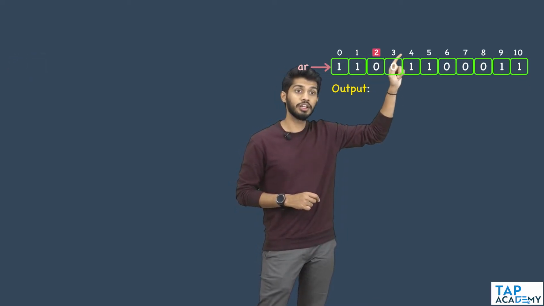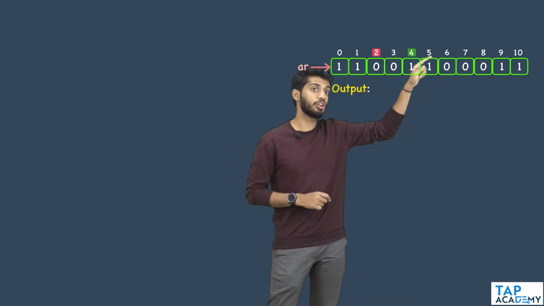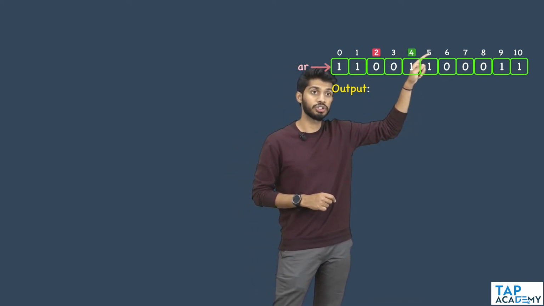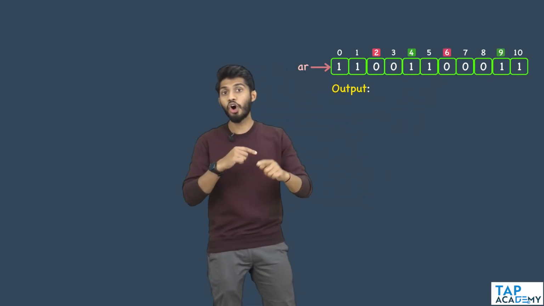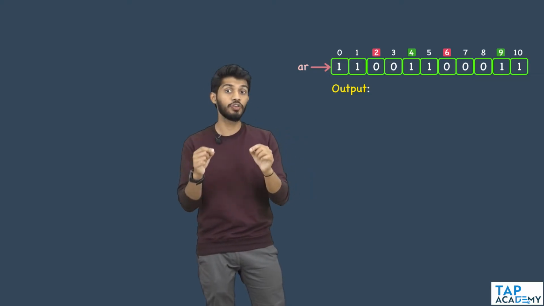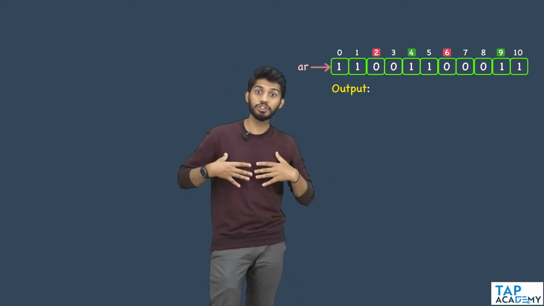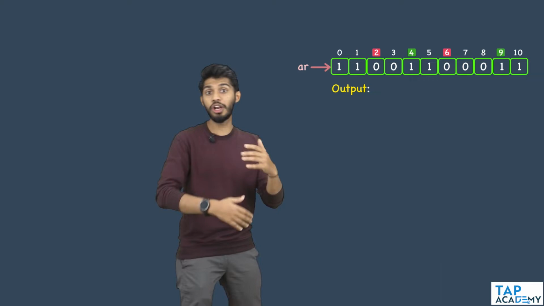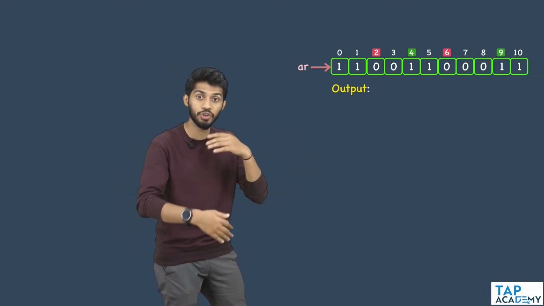Next, another group, the group of 1s, I am marking it as 4. Then the other group is the group of zeros. Its starting index is 6. Next, the other one is 9. So I am marking all these starting indices of every group. Now if I get the starting index of every group, then later on I will see which are the starting indices of the group of 0s, or the group that I need to flip.